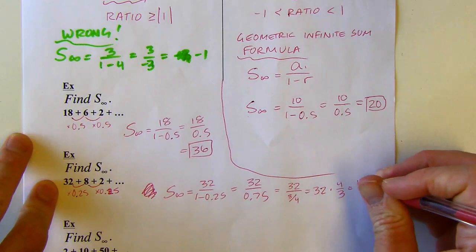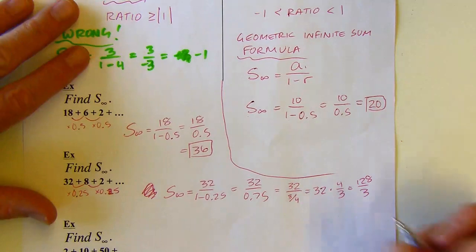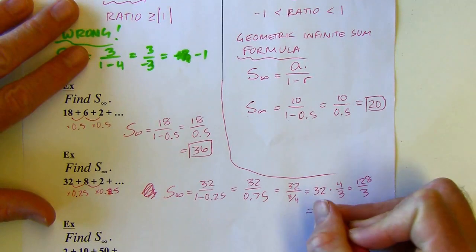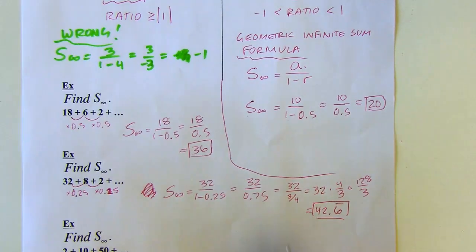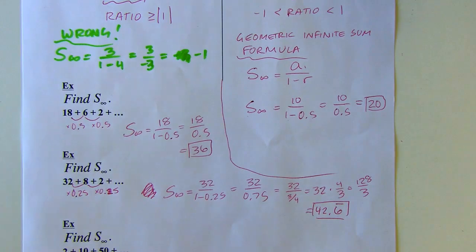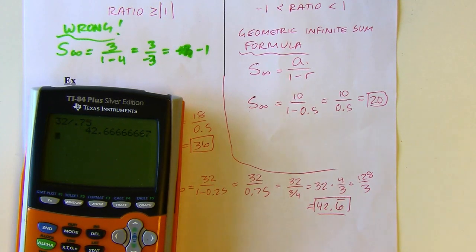So I've got 128 over 3, and that's going to come out to 42 2/3, or 42.6 repeating. That's the same thing you'd get in a calculator if you did 32 divided by 0.75 as well.